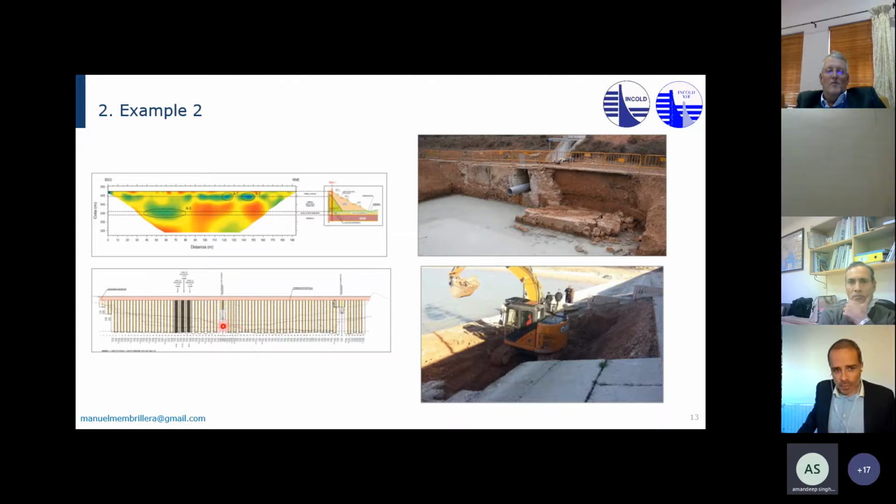At those points in those galleries, they were not able to complete the cut-off wall. The cut-off wall had to stop where we had the galleries, and they tried to complete that with conventional grouting. But these areas are areas where water was flowing, and so internal erosion was going on.